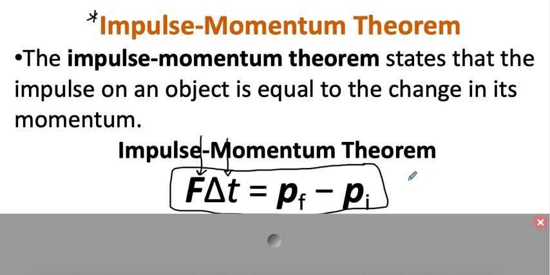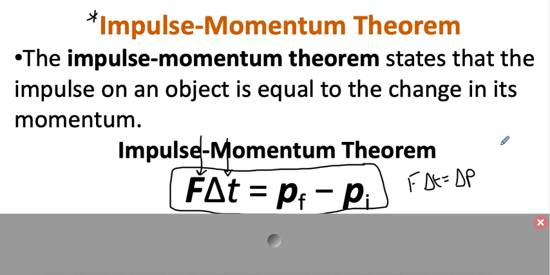We can also write this as F delta t equals delta p. That's the change in momentum, which is the same thing there. So if we have a larger force involved sometimes, then we're going to have a smaller time.